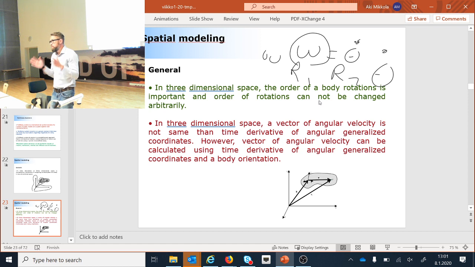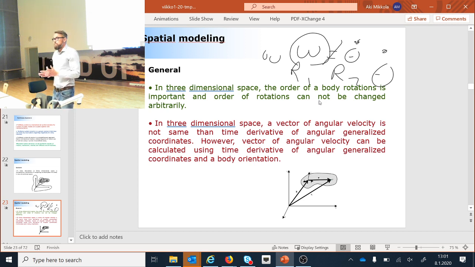But the big difference is this: there is no way to describe the angular velocity by differentiating the angular coordinates of the generalized coordinates. So that's not equal. Those two things can be related, but in a somewhat complicated way. And this is a big difference.